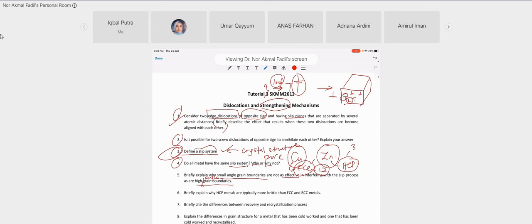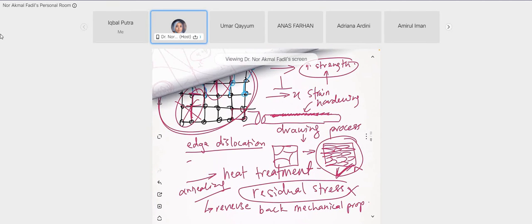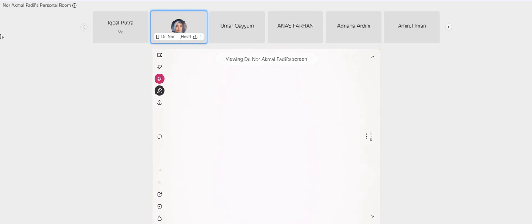Okay, small angle and large angle have different properties. So this means, for example, high angle or low angle is like this.